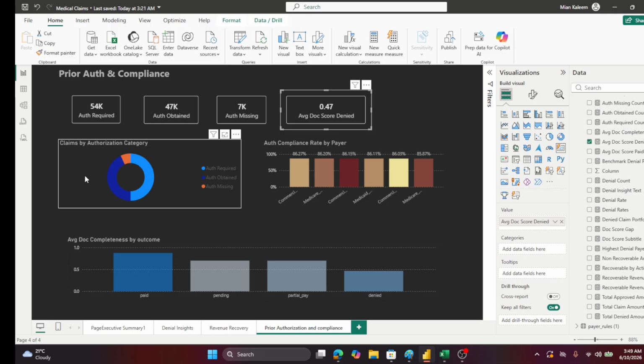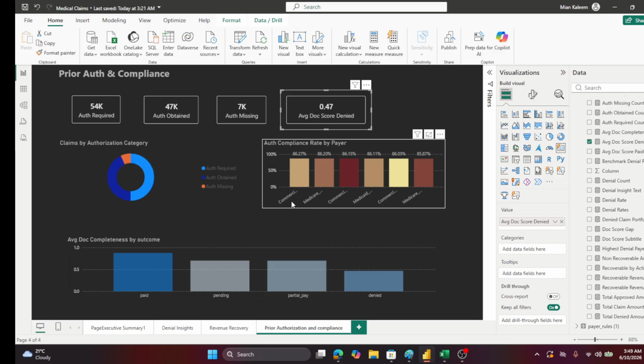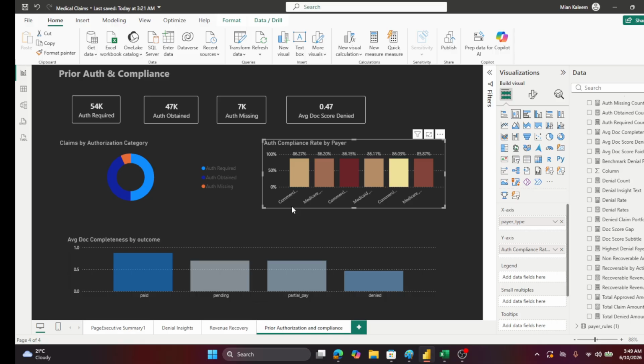Claims by authorization category. Blue is authorization required at 54K, authorization obtained 47K or 46.6K, and then authorization missing is 7,492. And authorization compliance rate by payer.